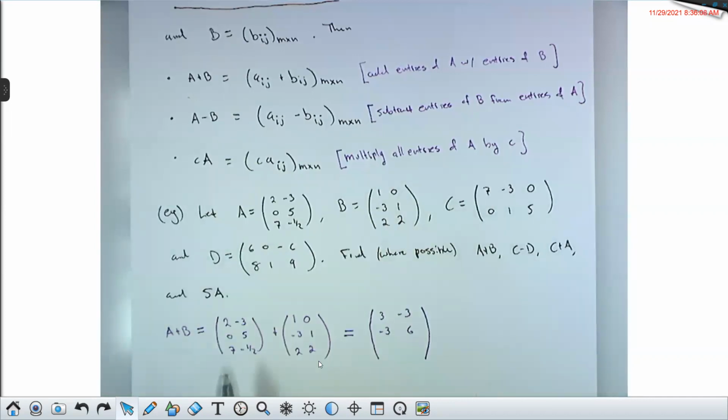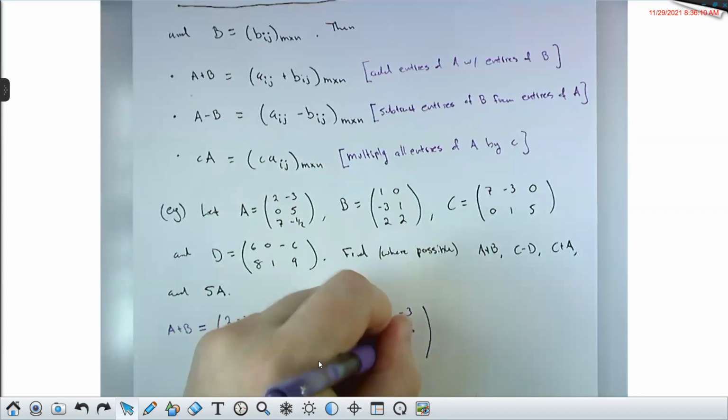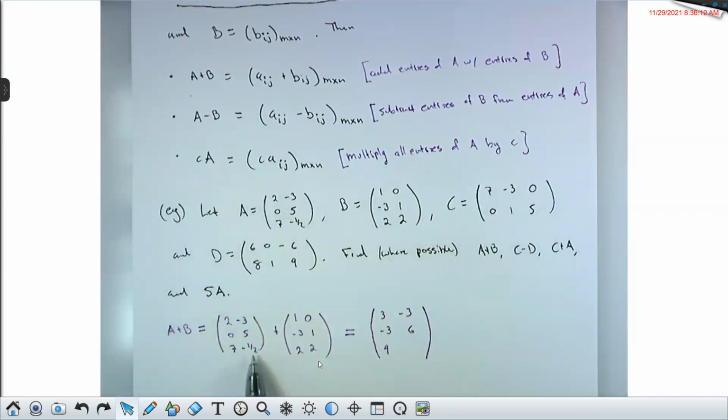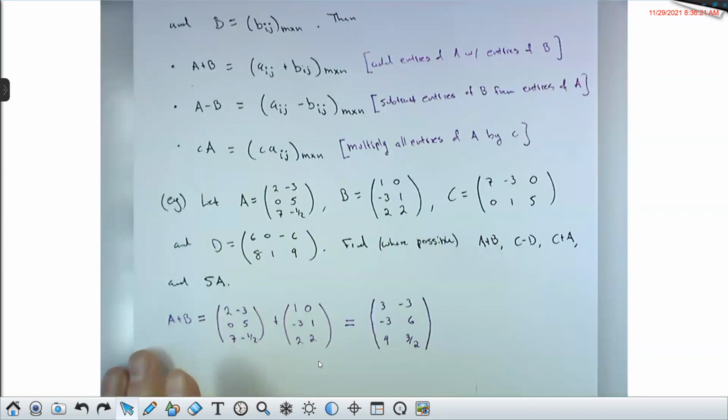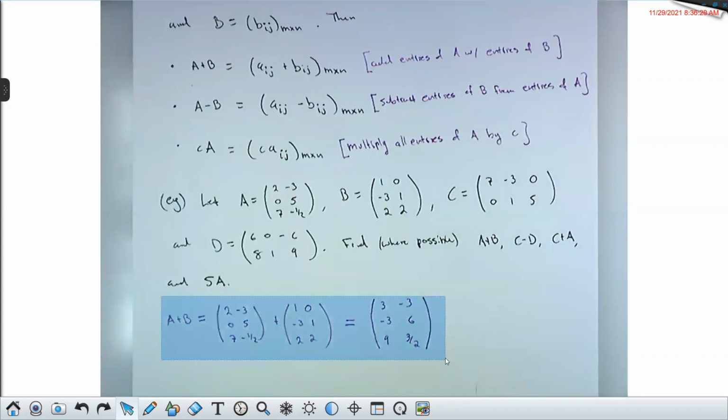The 3, 1 entry is 7 plus 2, which is 9. And the 3, 2 entry is -1/2 plus 2, which is 3/2. So that's it. You just add up the entries. Questions on how we got this matrix as the sum of A and B?